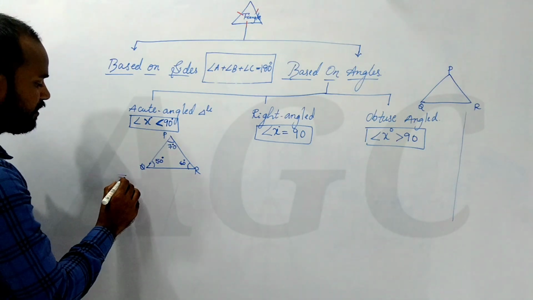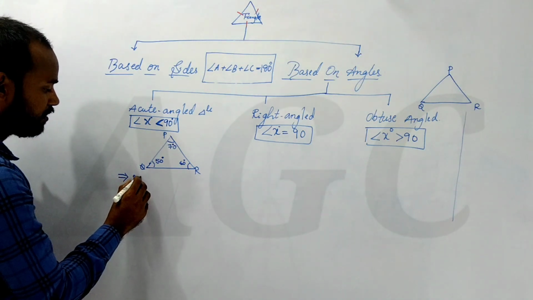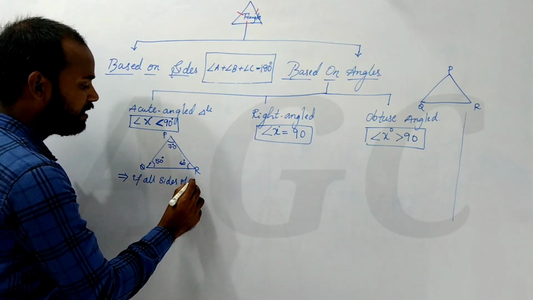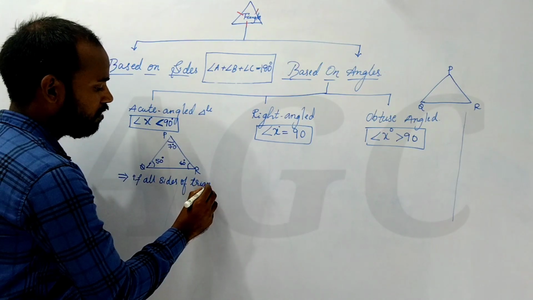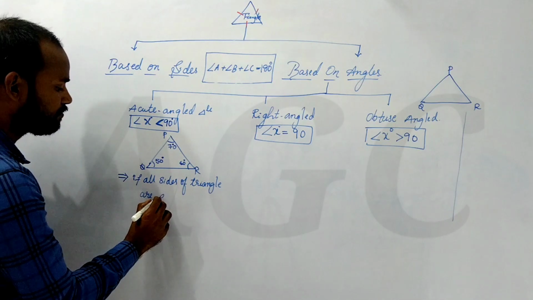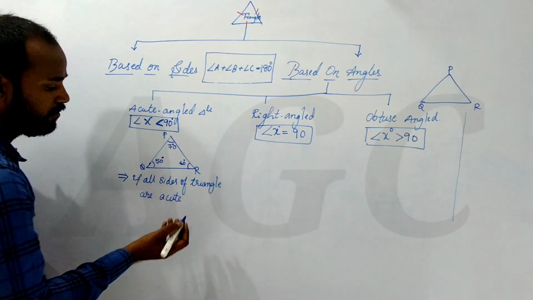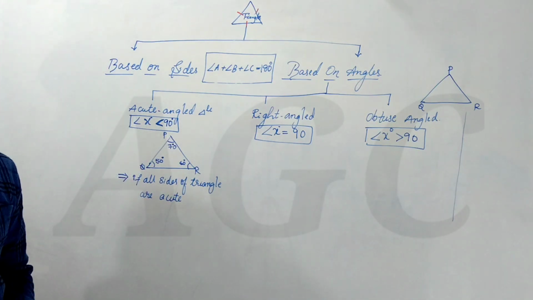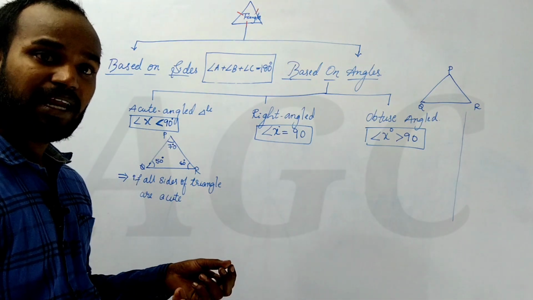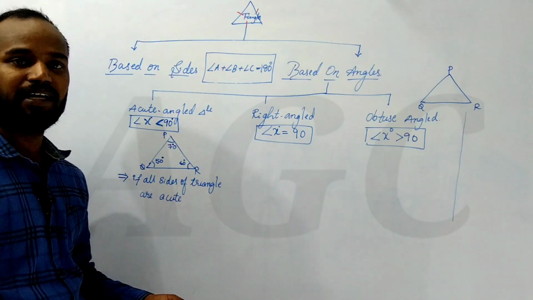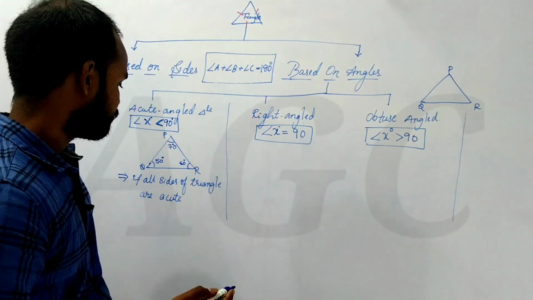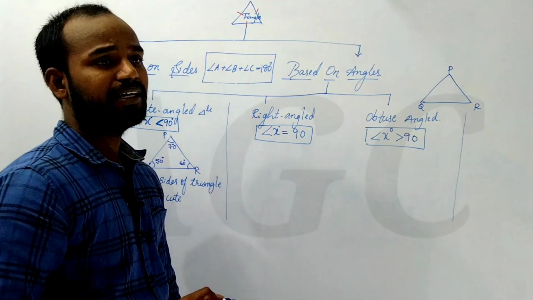Otherwise, we can give one more definition: if all angles of a triangle are acute, then the triangle is said to be an acute angle triangle.